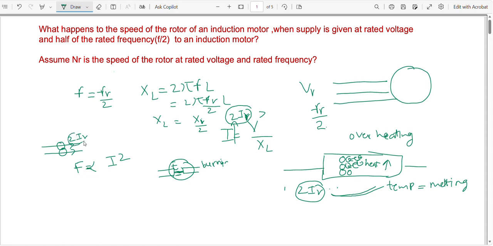Now it is 2 times the rated current, so the force will be 4 times the rated. When this much mechanical force is applied on the insulation, there will be a rupture of insulation, and these conductors will get short circuited.